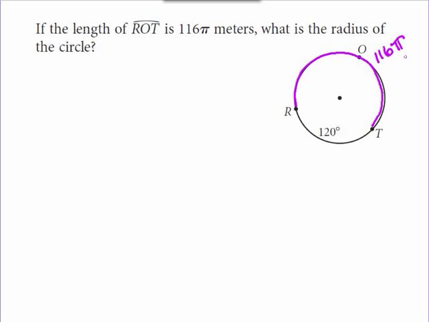So if I think about this, if this arc here is 120 degrees, what must this angle be here? 240. So now, my circumference formula was circumference equals pi times the diameter times the fraction of the circle.